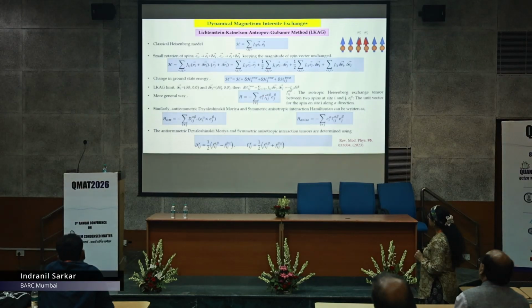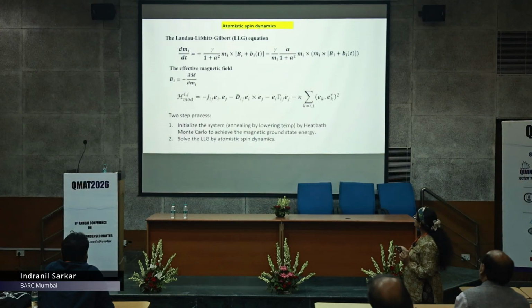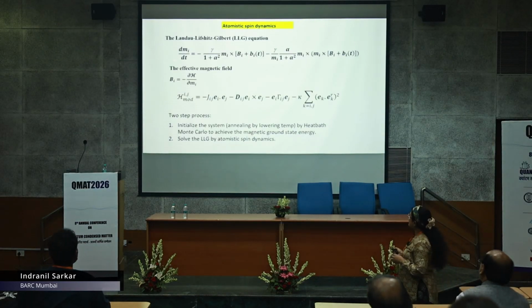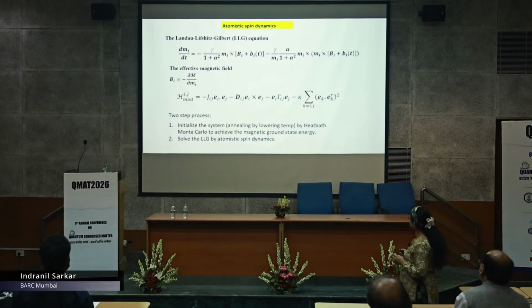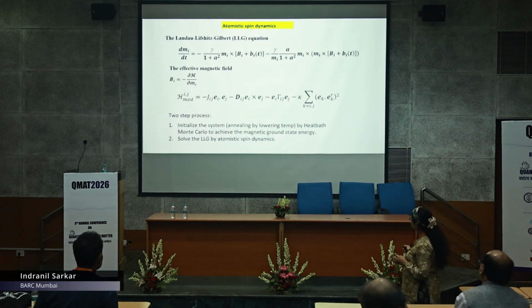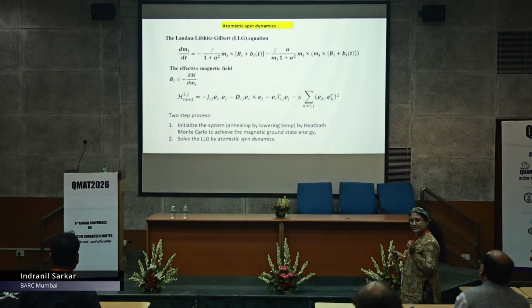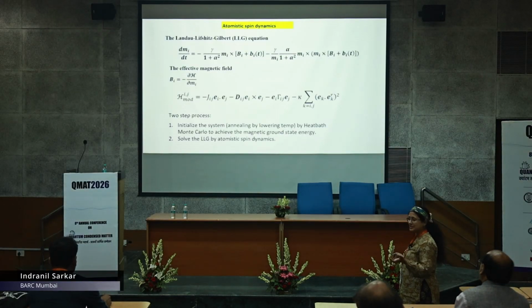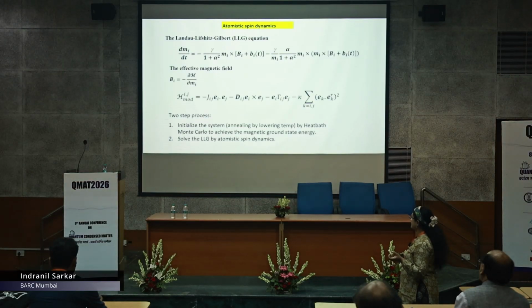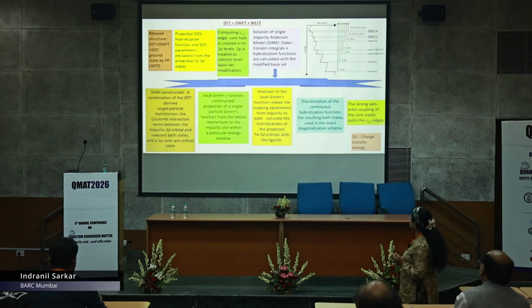That is a tensorial exchange, from which you can calculate the DM parameter, the isotropic Heisenberg and also the anisotropic Heisenberg values. For the atomistic spin dynamics, after calculating this J_ij, D_ij and gamma_ij and also the anisotropy, we feed them into an LLG equation. There is a two-step process where we initialize the system by a Hilbert Monte Carlo and then solve the LLG by using atomistic spin dynamics.